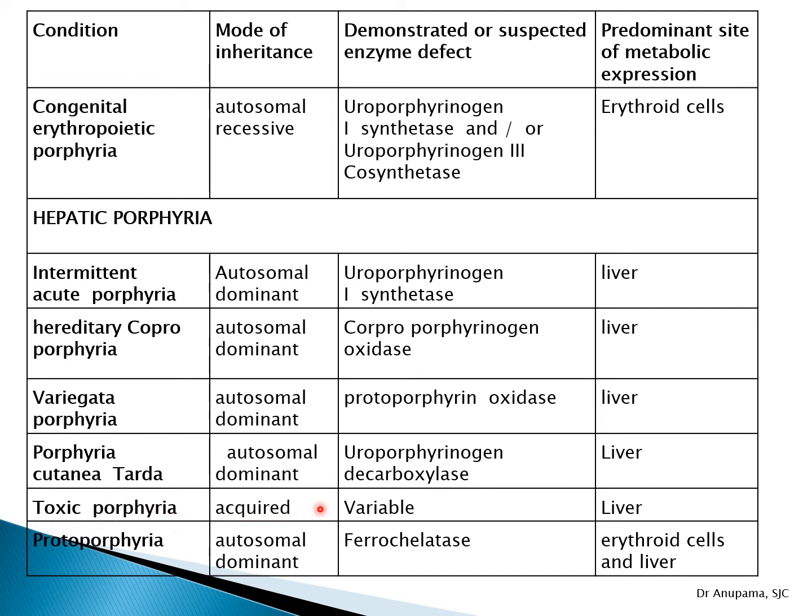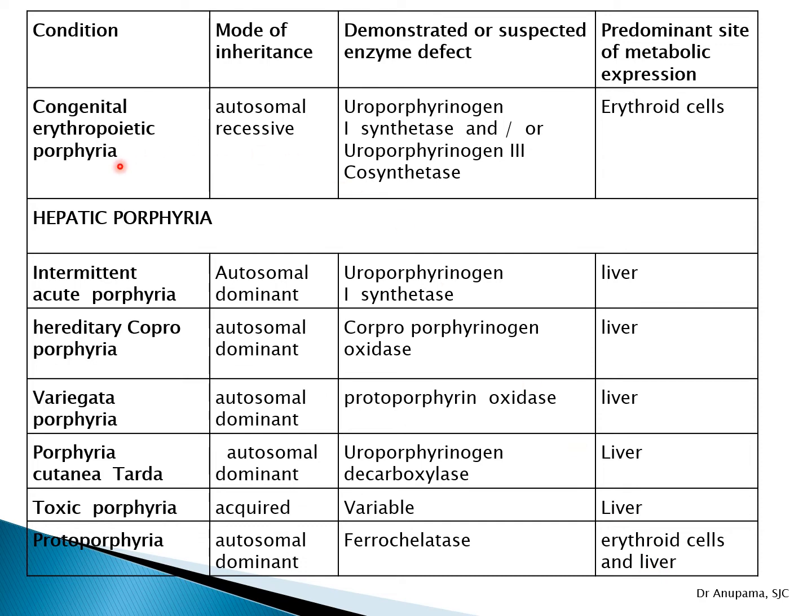This is an acquired disease, the reasons for this are variable, and you find it in the liver. Then we have protoporphyria, which is autosomal dominant once again, and the enzyme that is responsible is ferrochelatase. So you can find this either in the erythroid cells or liver cells.